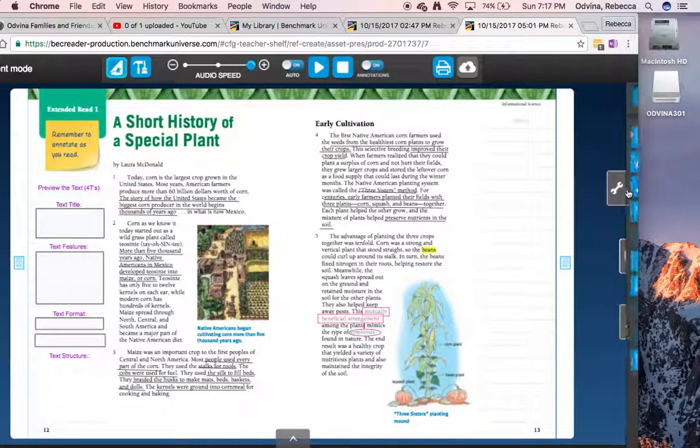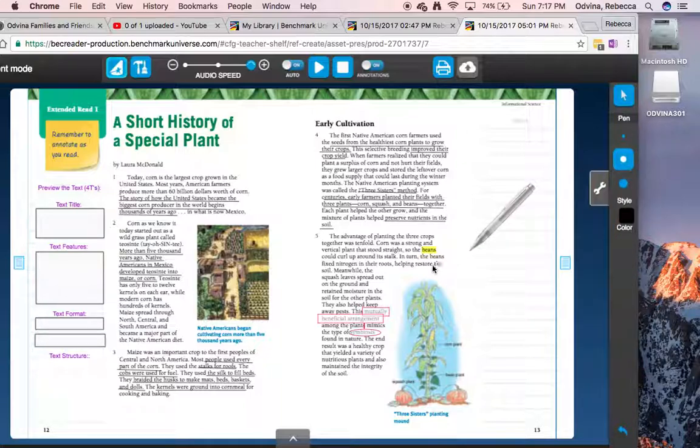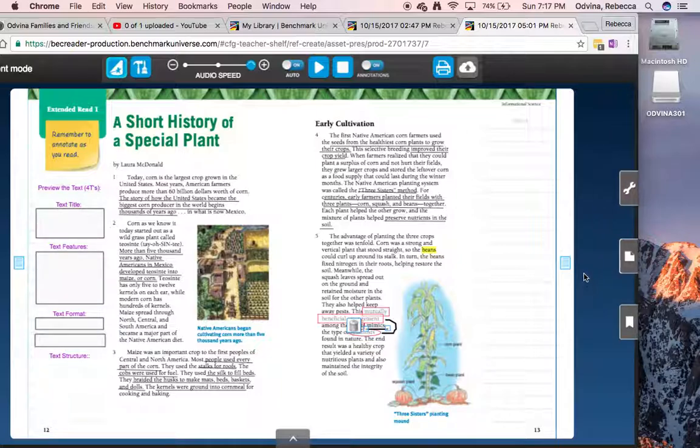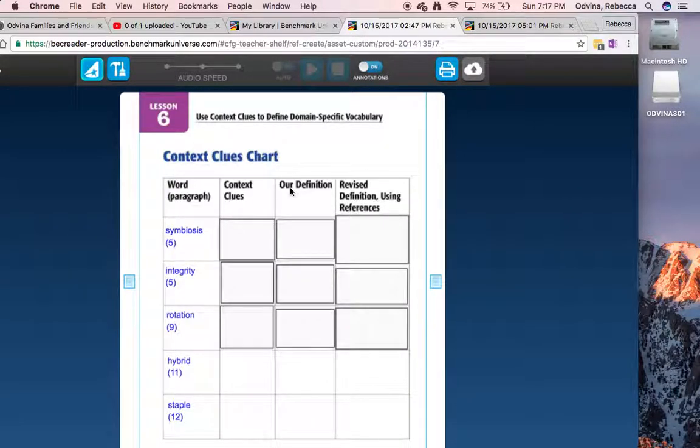I'm going to go to my pen tool and draw a line that connects those two, and underline mimics. There we go. So now I'm going to go back over to my chart.